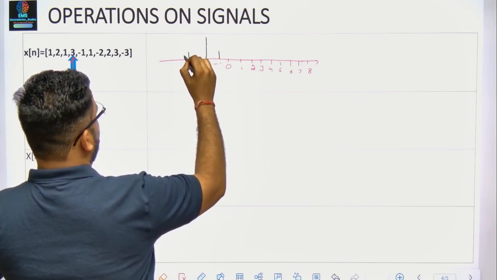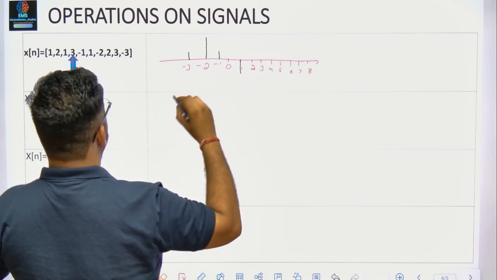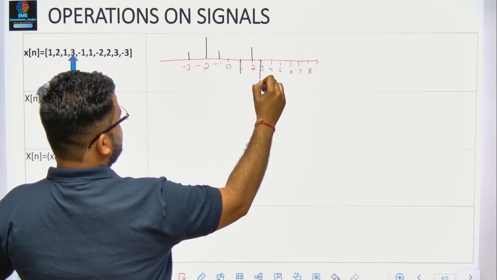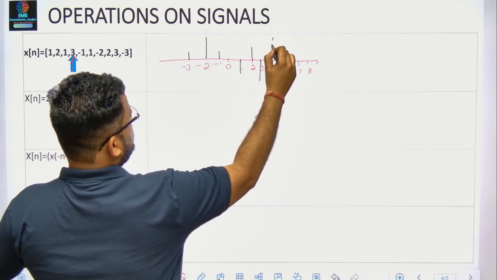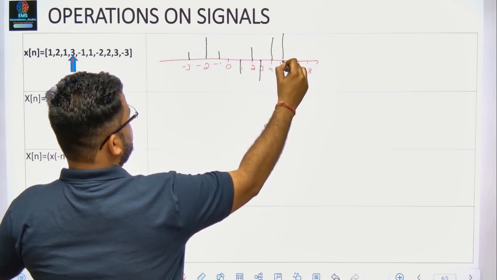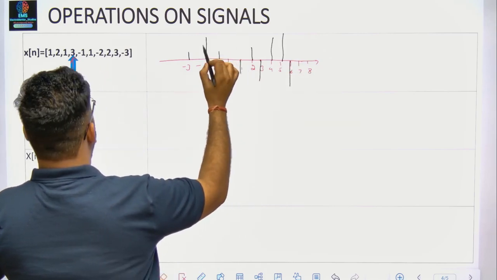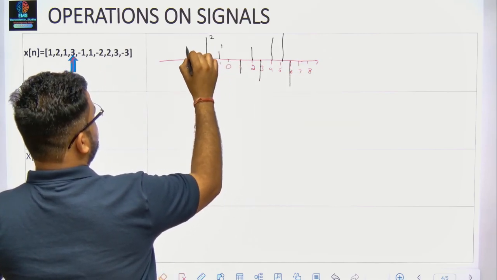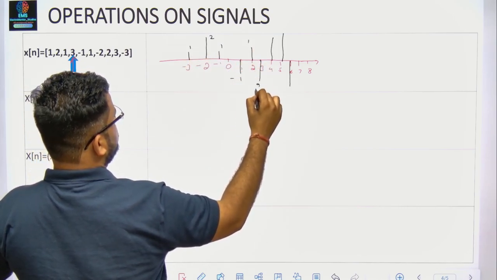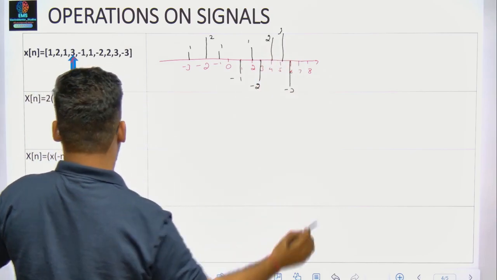At 2, it's 1. Here it is minus 1, plus 1, minus 2, plus 2, plus 3, and minus 3. So I'll just write down the value of the sample on the top: 1, minus 1, 1, minus 2, 2, 3, minus 3.